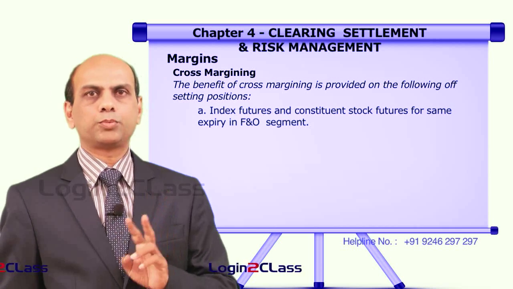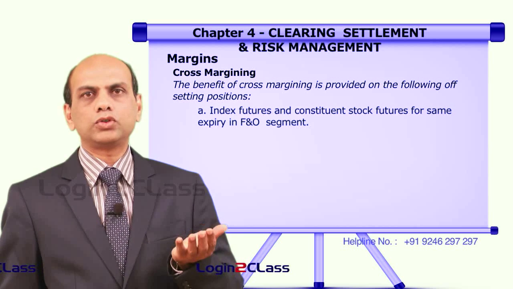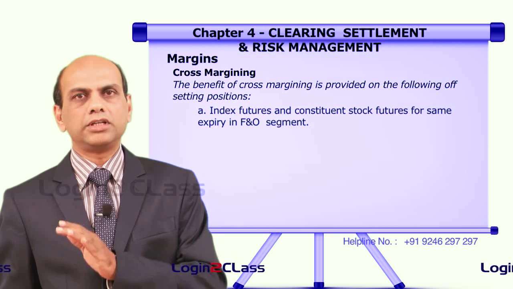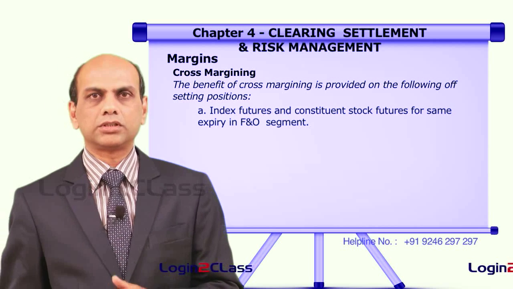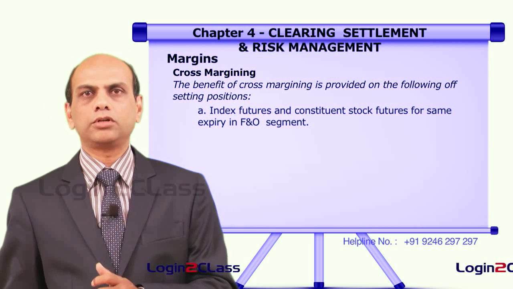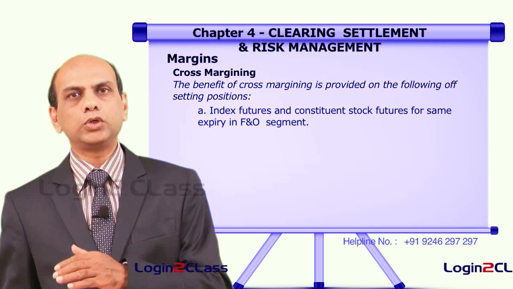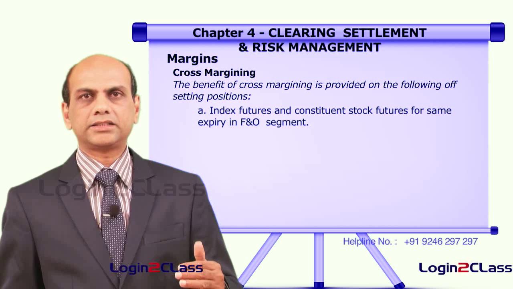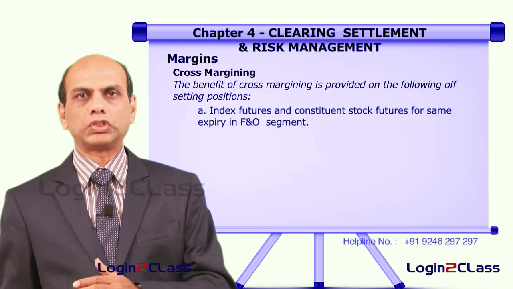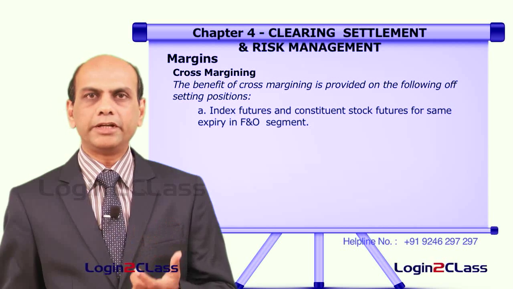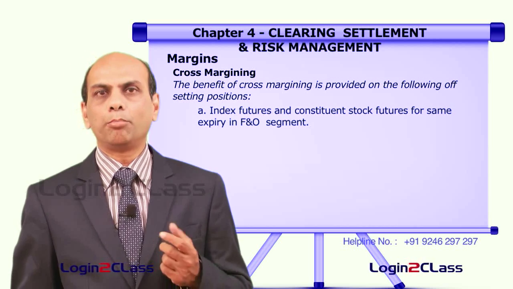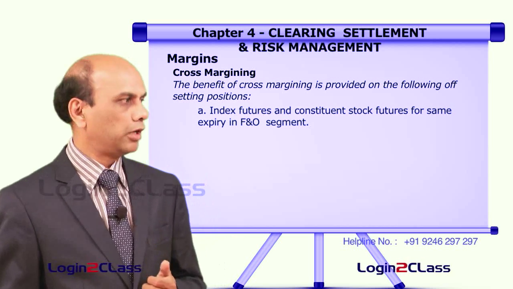When the index goes up, he will have profit in that, and the short position he has taken in the stock futures pertaining to that index will go into loss. So, the net profit of the index future and the loss in the stock future will be netted, and only the differential will be considered for margin payment by the trading member.